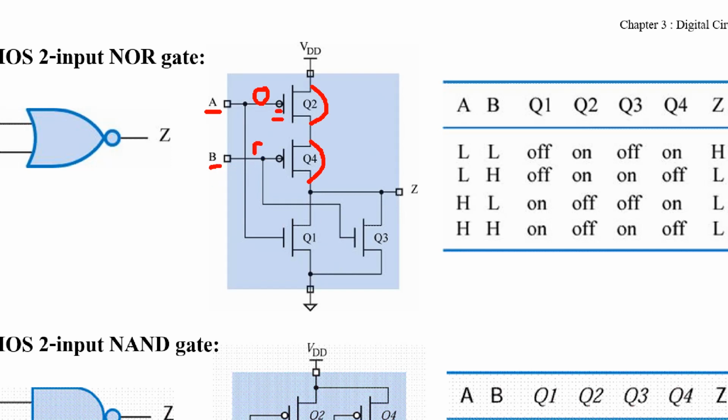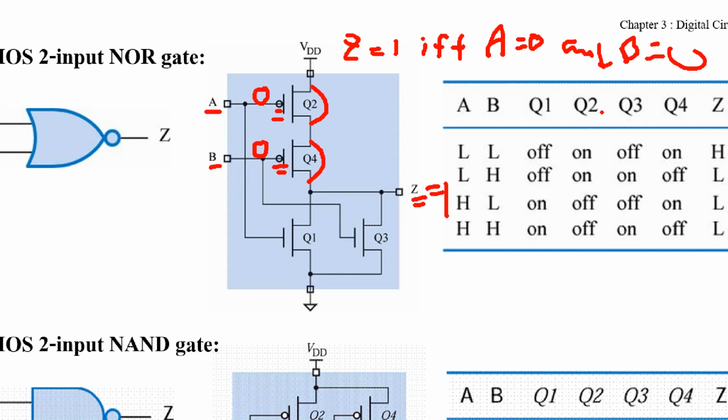B also must be 0, to make Z to be 1. So Z will be 1 if and only if A is 0 and B is 0. Based on this condition, you can write the expression as A prime and B prime. So your equation for this logic gate function is Z equals A prime and B prime.